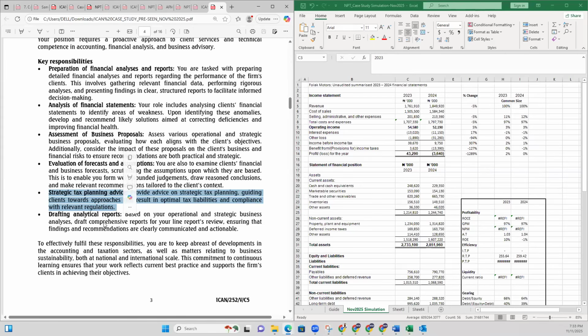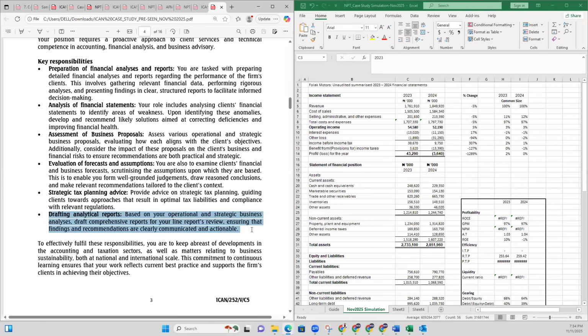That is probably a big conversation. If I look at this, it says strategic tax planning, guiding your client towards this and all of that. So it's not something to ignore, really. And we need to take a deeper dive on that as well.